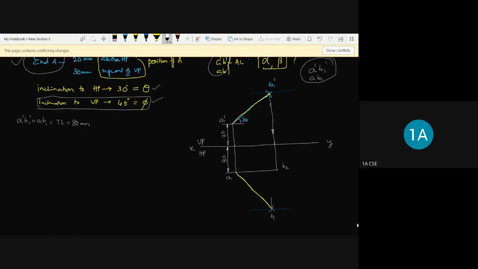From B1, we draw vertically upward, then draw a horizontal from A dash, and then we get this point as B2 dash.